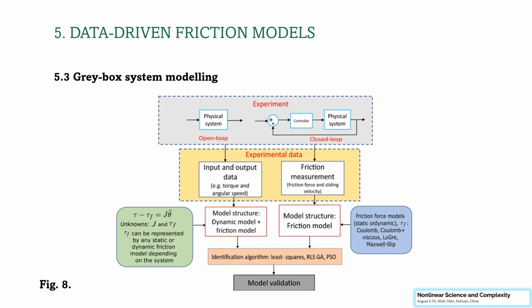After that, we define a model structure with a dynamic model and friction model with some input like unknowns and some necessary equations. Then we switch to identification algorithm, where least squares or genetic algorithm could be applied. Having it identified, we perform model validation.